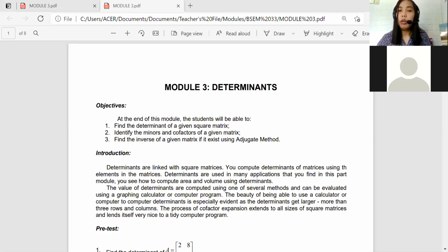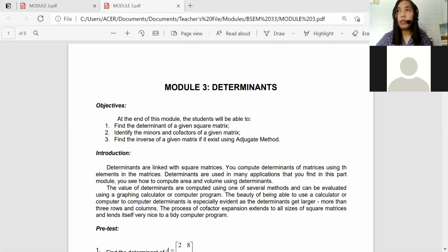Cofactor expansion, we already discussed this. Kasi one of the methods na ginawa ng classmates nyo is where you copy the first 2 columns and then multiply it diagonally, right?